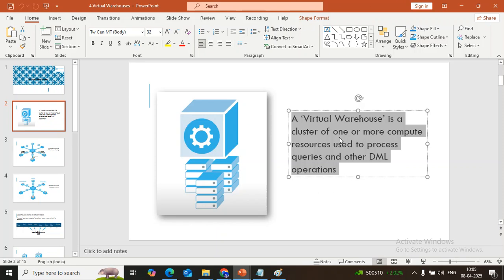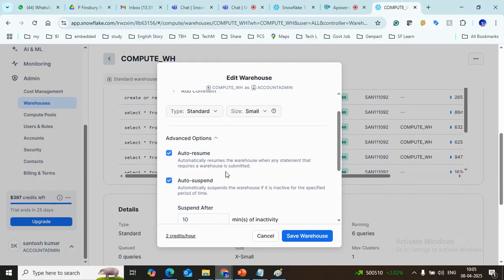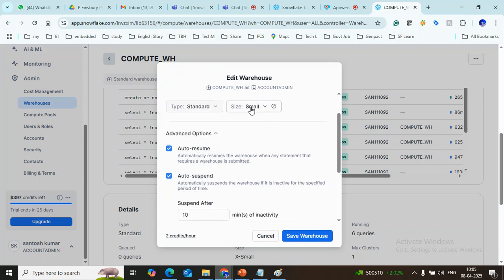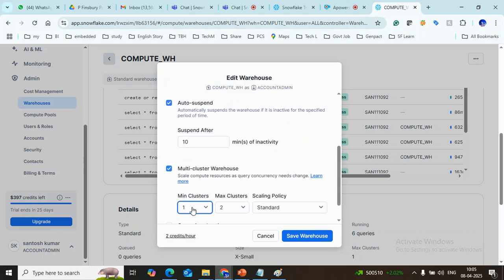If we talk about one compute resource, one CPU and one memory will come. If we talk about more compute, that is multi-cluster. The minimum cluster count is one, and in one cluster there is one CPU and one memory. The memory size is defined by you, whichever size you are going to utilize, for example small.